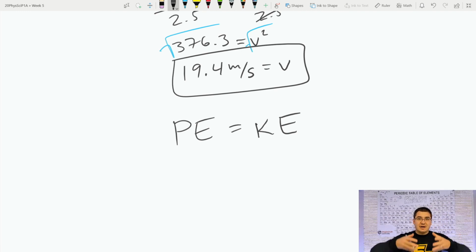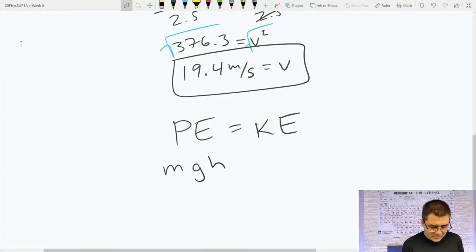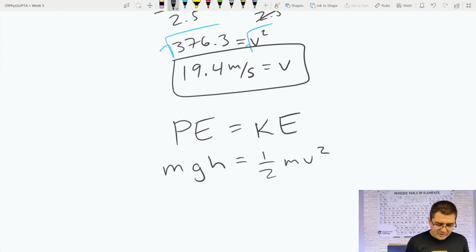Both potential, the energy stored in location or height, and kinetic, the energy of motion, they both depend on an object's mass. So this one looks like mgh, and the other side looks like 1/2 mv squared.